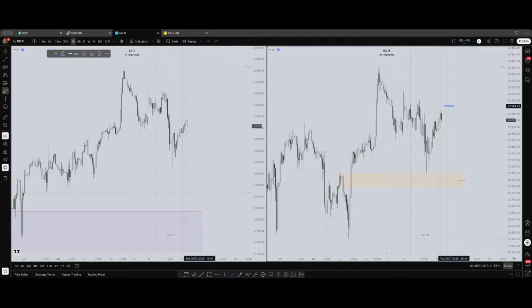This could be an area which I don't want to say 100%. As you know, we are not predicting the future, just using probabilities. But according to this concept, we can expect now a change of direction, so going lower.